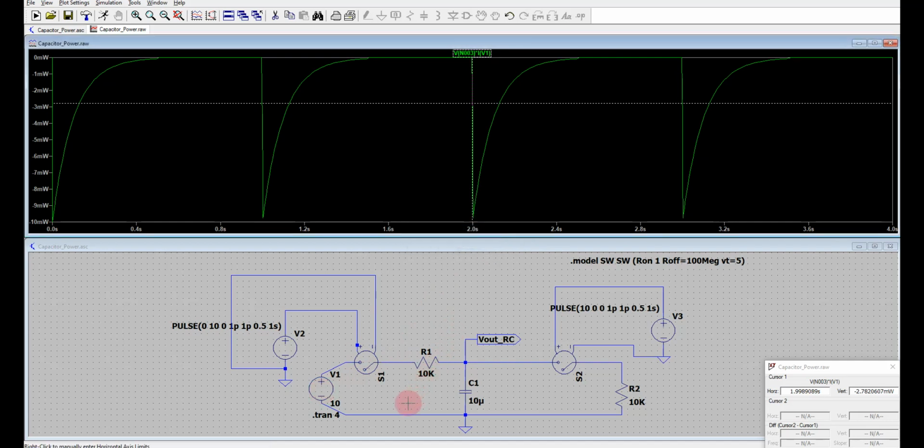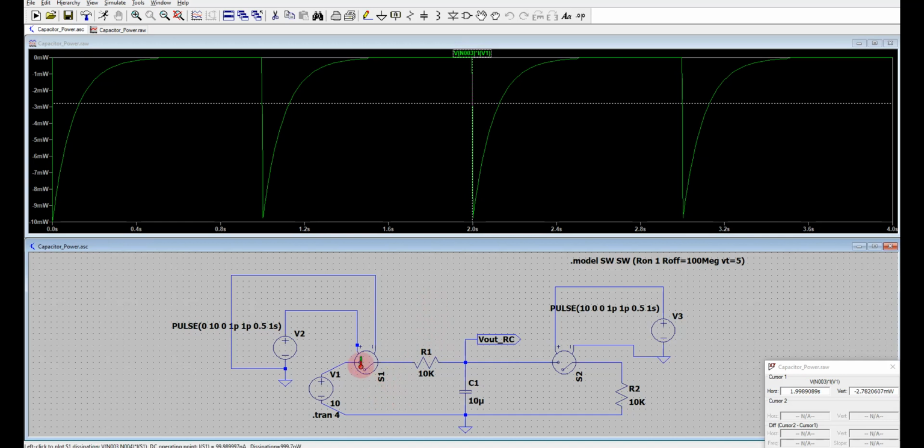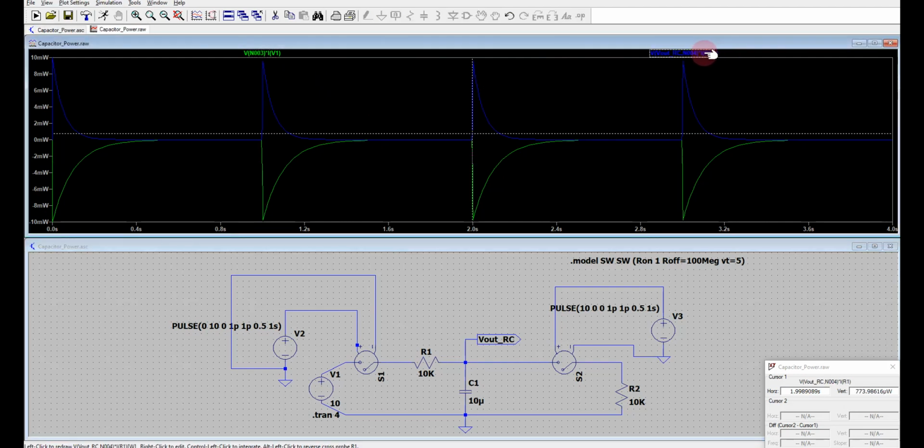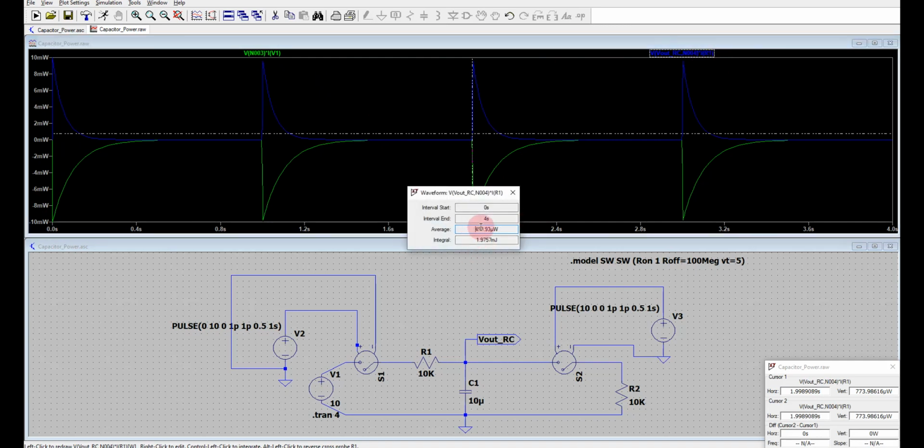Similarly, I am going to plot the power of this resistance. Okay, so this was 995, so I should get half of that here, right? Yeah, so it is around 493.